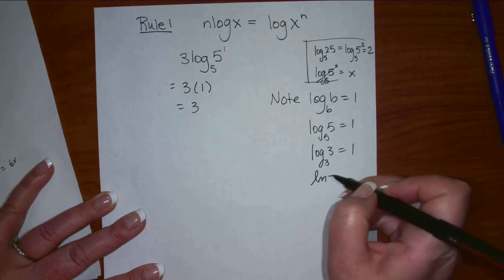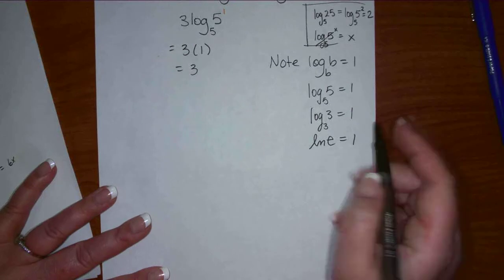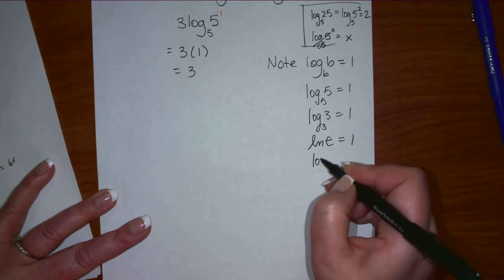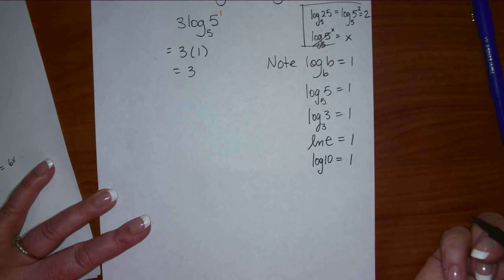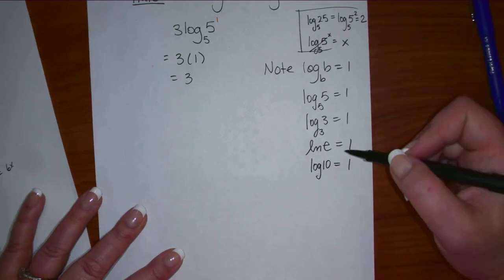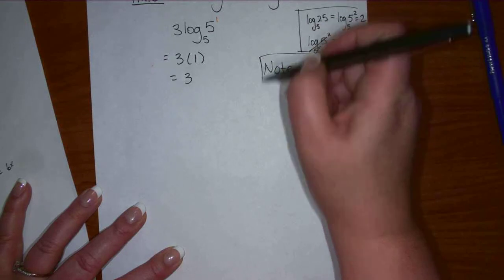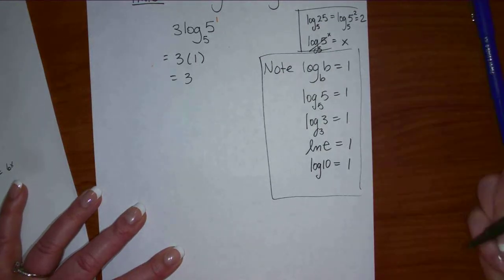Ln of e is 1, because that's a log base e. What's the other one that doesn't show the base? 10. So log 10 is 1. Right, the base is understood. So this is something that you should know. It's not really something to memorize because it's really just saying what's the exponent. The exponent's 1.